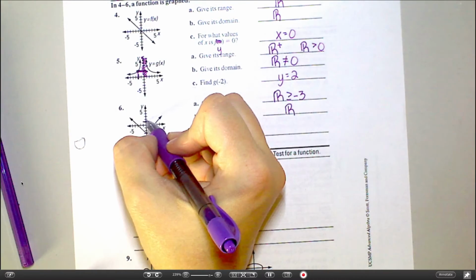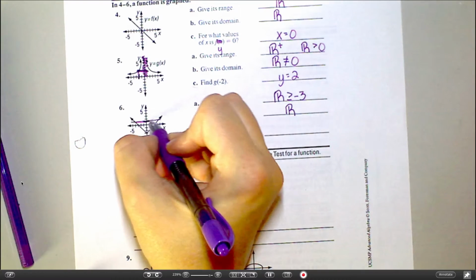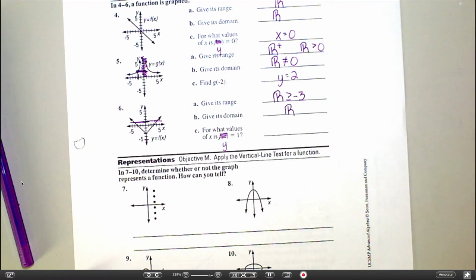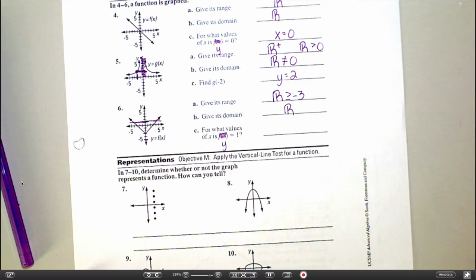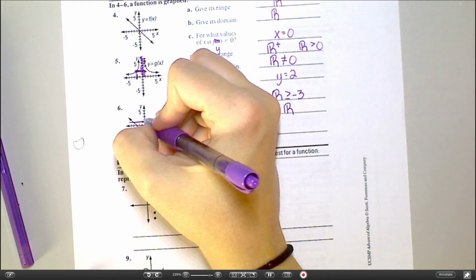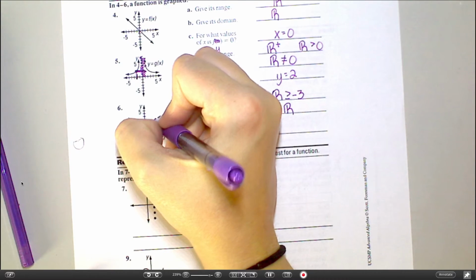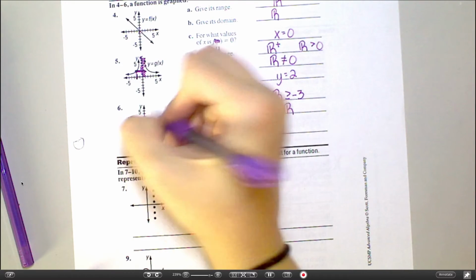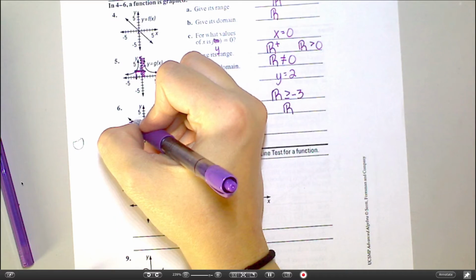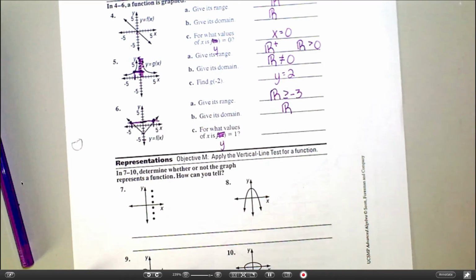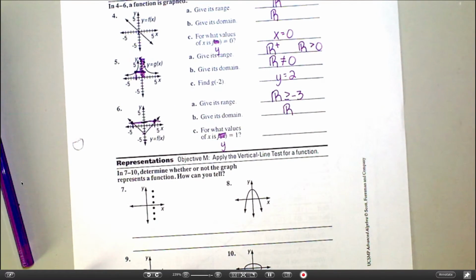So let's read across to the actual graph. Now what do you notice here? How many different times is y equal to 1? Twice. So I need to give both of those values. Okay? So y equals 1 right here. So then I need to give that x value. And y equals 1 right here. So I need to give that x value. What are my two x values? I think it's 4. Negative 4 and 4.